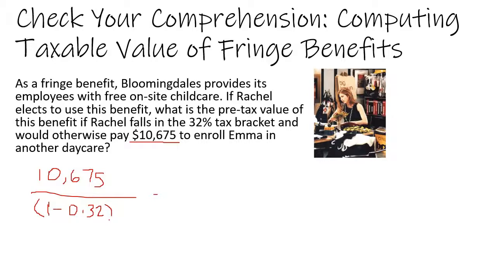And the answer is $15,699. That is, Rachel would have to earn almost $16,000 extra before tax in order to receive the same benefit that her company is giving her for free.